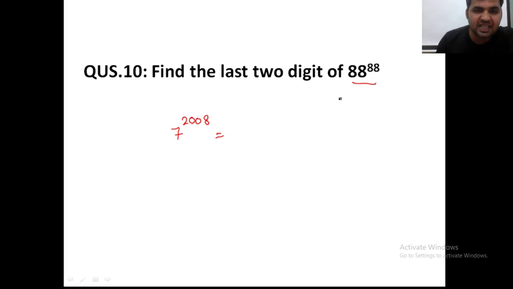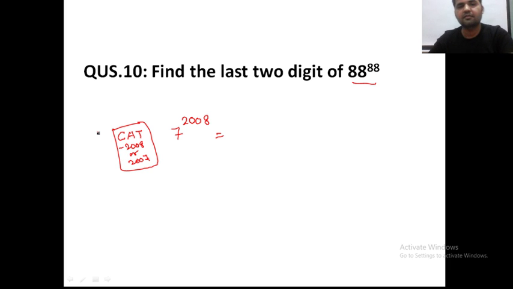Find the last two digits of 7 power 2008. This question was asked in CAT 2008, I guess. I'm not sure, but this is definitely a CAT question, CAT 2008 or 2007. What will be the answer, Shrey, Ashish, Varsha?